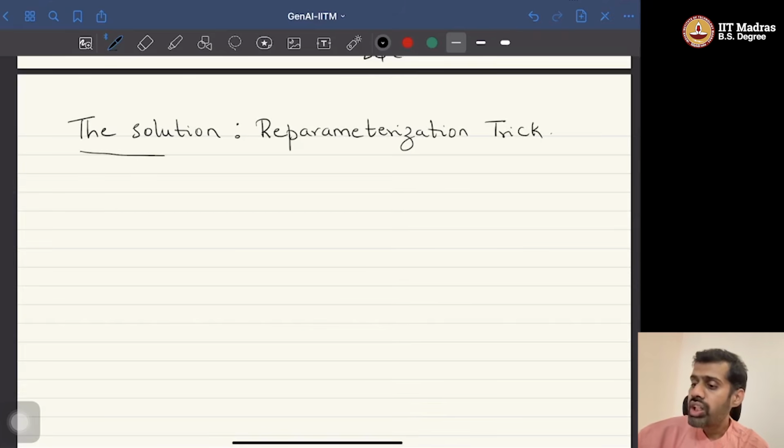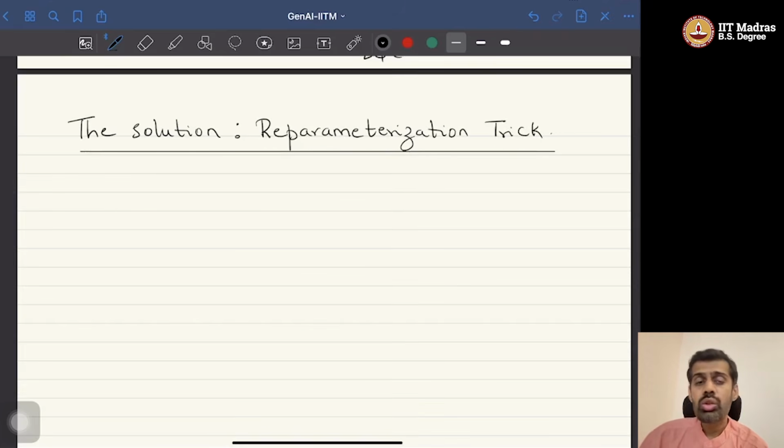The authors use this trick to make the gradient computation feasible. Now, how do we do that? Reparameterization is a well-known technique in classical statistics where one can represent a random variable in terms of another random variable using a deterministic function. Let us see how that is done.